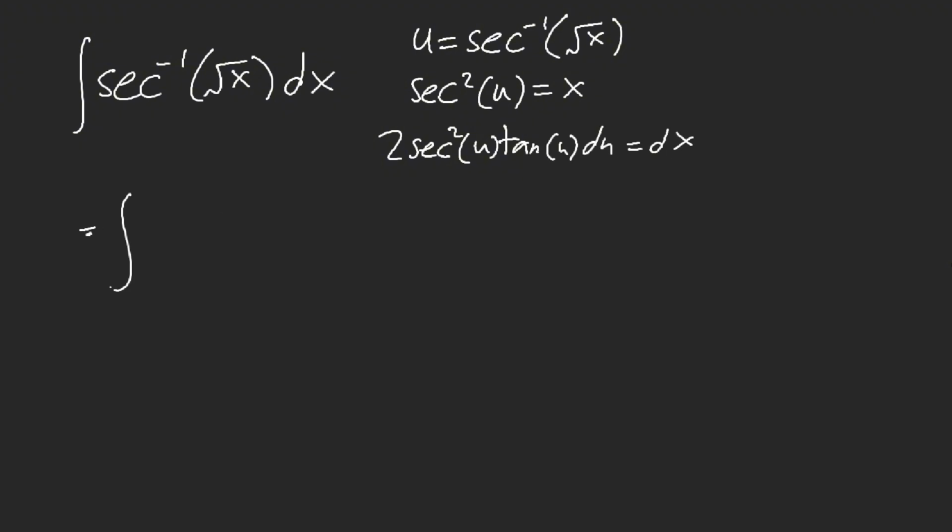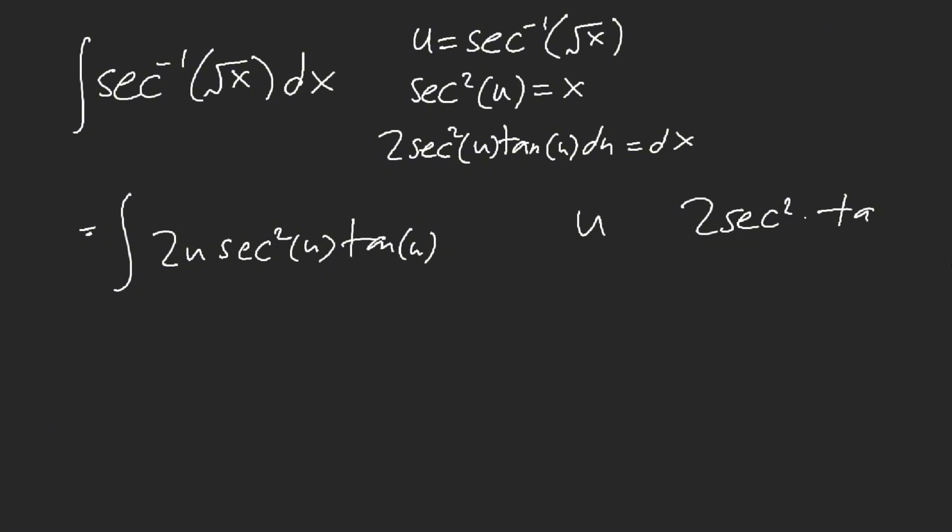And so now this is just 2u secant squared of u tangent u, right? But you already know the integral of this. You just derived it. So because of that, you could just write tangent, whatever, and this is already secant squared of u.